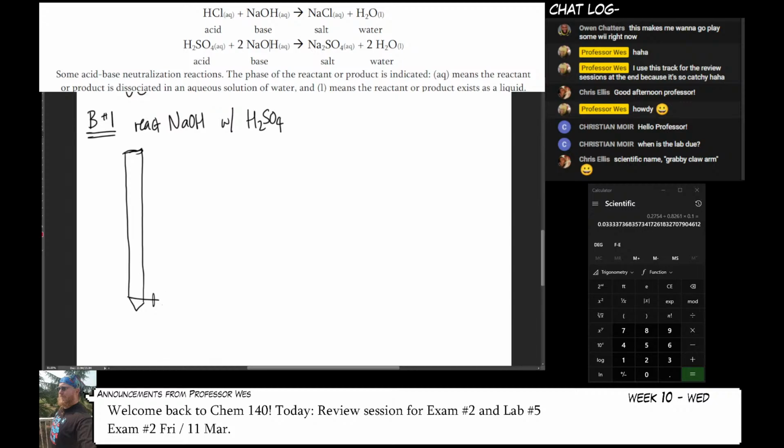It's got a little doohickey that allows liquid to flow out, and then it flows into this flask here, which has a solution in it. You're going to put the sodium hydroxide in the buret, and then pour that into the sulfuric acid down at the bottom.